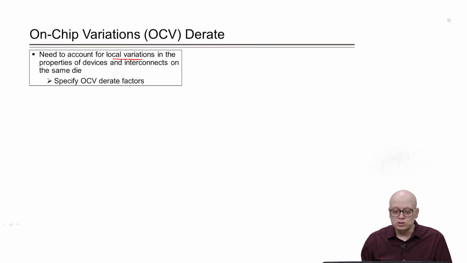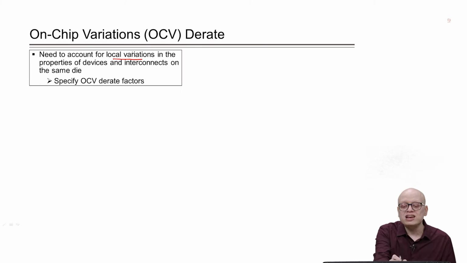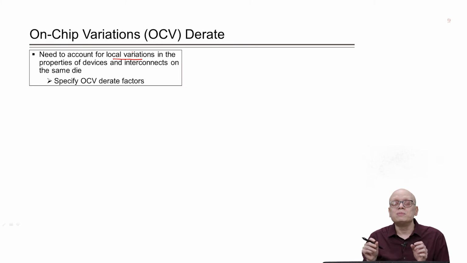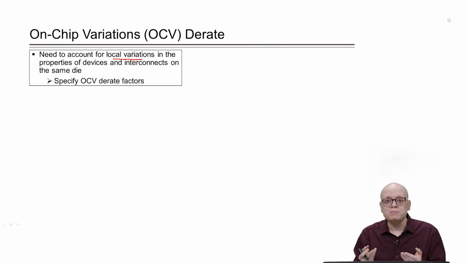So, to tackle these local variations, we define on-chip variation derate, right. So, we say that there are some derate factors associated with the delays, and we make our analysis somewhat pessimistic by applying this derating factor.